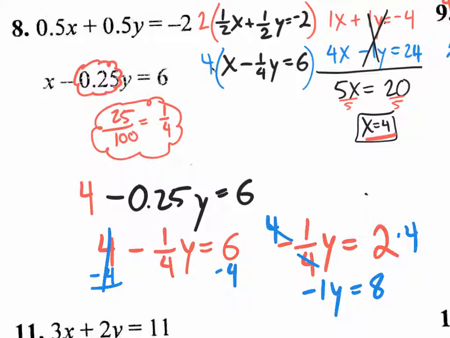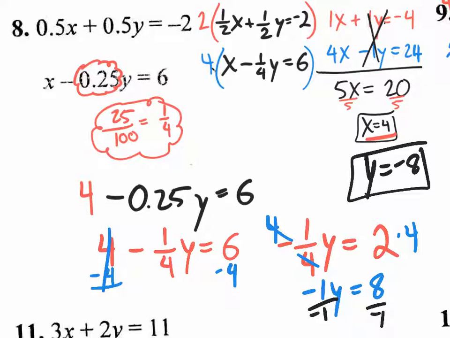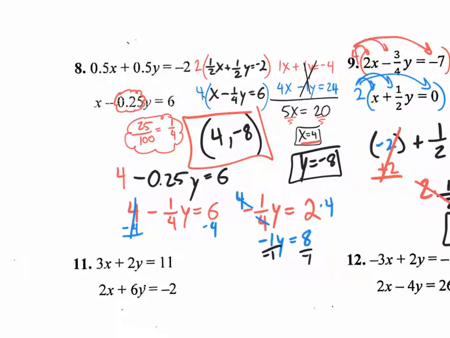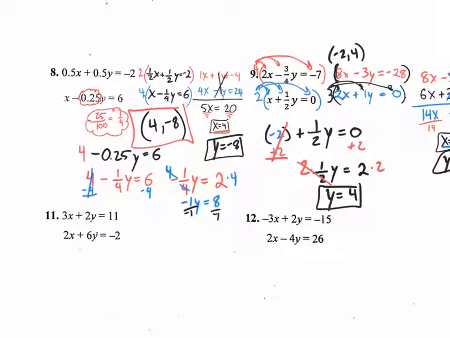When you divide by negative 1, y equals negative 8. So your answer for number 8 would be 4, negative 8. Of course, I didn't even assign it, but there it is. So it doesn't really matter if you have fractions or decimals. You could modify the system to get rid of the fractions and decimals.